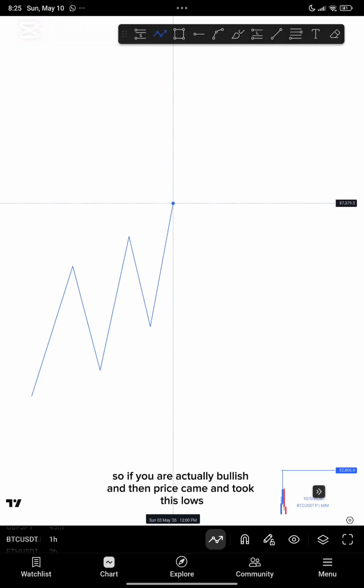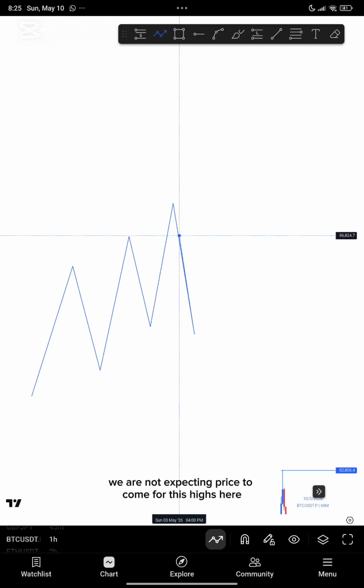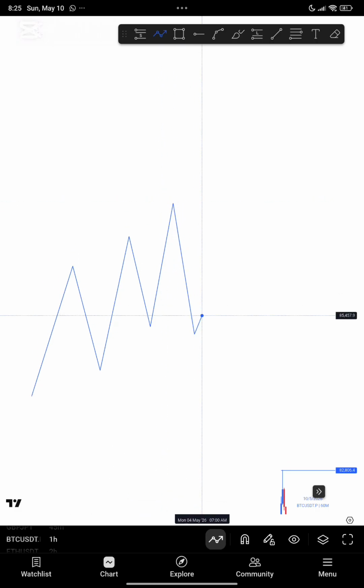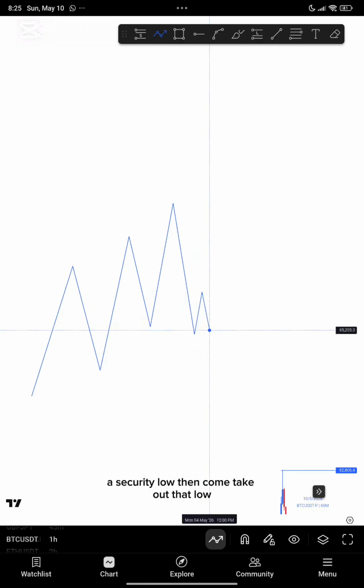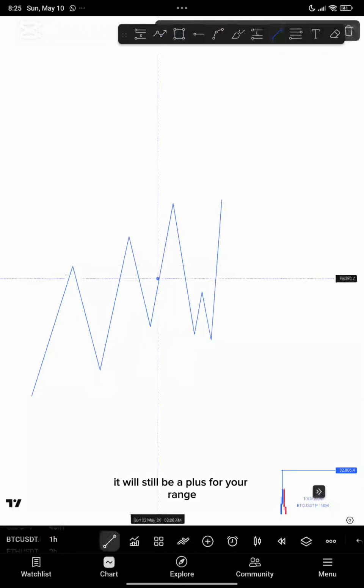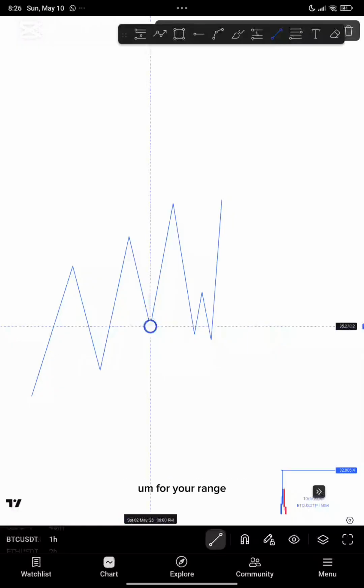So if you are bullish and price came and took these lows, we are now expecting price to come for these highs here. And if price gives us a CRT low, then comes and takes out that low, we start expecting price to go for a CRT high. It will still be a plus for your range.